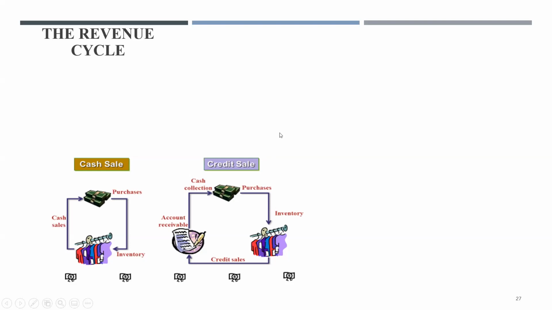What's the difference? With cash, when you offer the goods or the services, you receive the cash directly. But for credit sales, there is a middle procedure, which is accounts receivable. So when you do the sale, you get an accounts receivable account established. When you receive the cash, you decrease accounts receivable and increase cash.